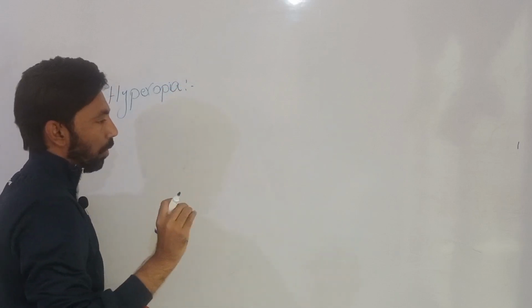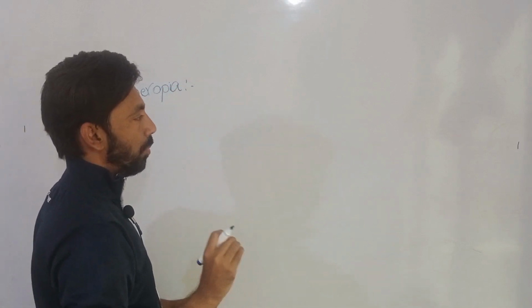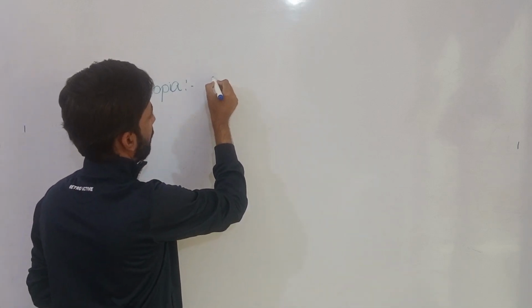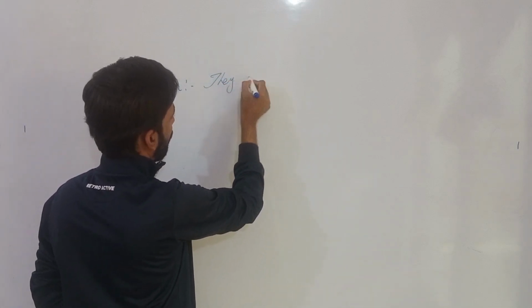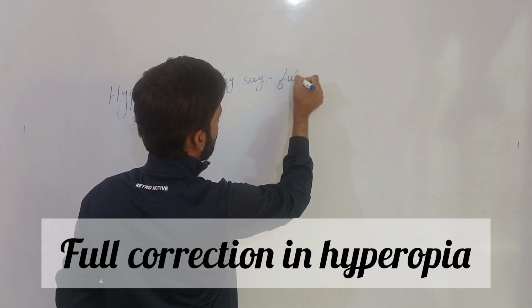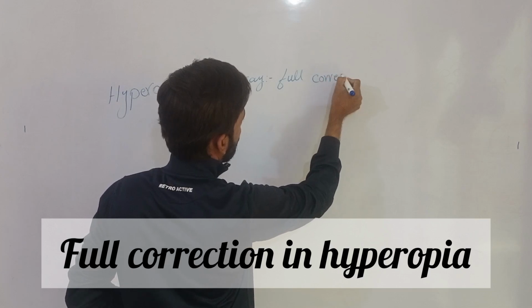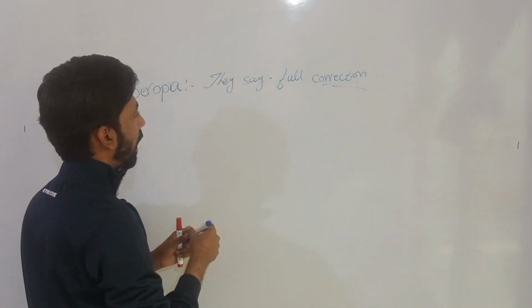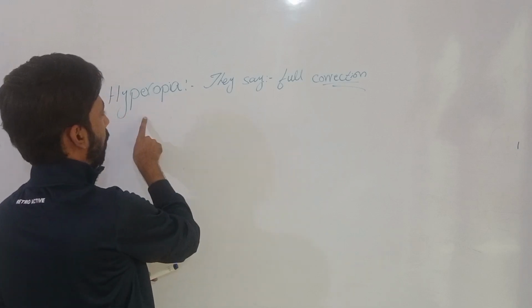There are two schools of thought right now. The most important school of thought, school of thought number one, says prescribe full correction. And we will discuss the reason why we should prescribe full correction to the hyperopic patient.